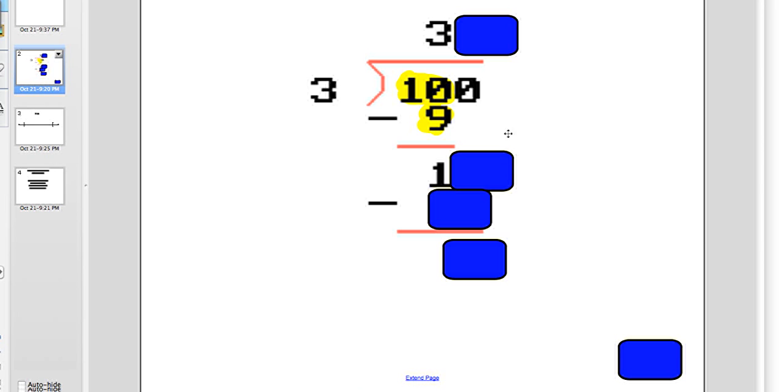Let's check back to it. So 3 did not go into 1 ten block, so we had to make it into 10 ones because we brought down that 0. Whoosh. So now we have not 1 tens block, but we have 10 ones. Whew.